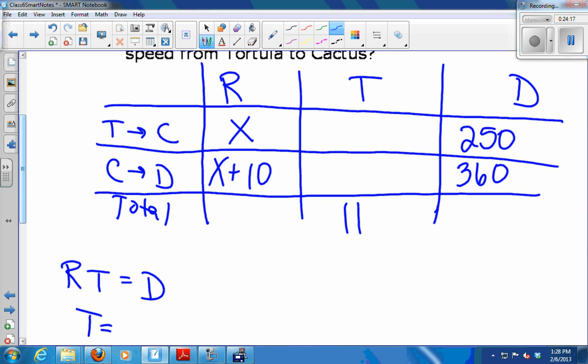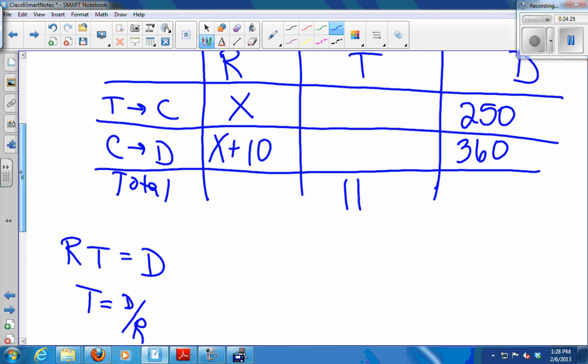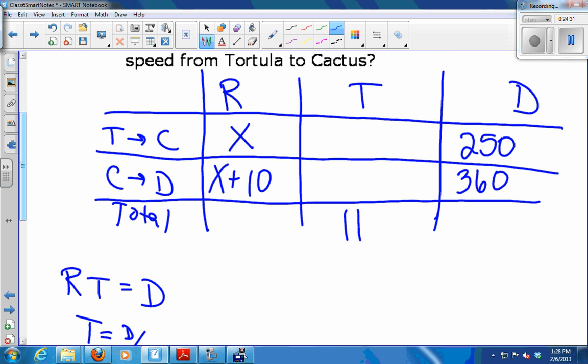If I solve this equation for t, what do I get? Distance divided by rate. Yeah. So I can put in those 2 remaining boxes distance divided by rate. I can put 250 over x and 360 over x plus 10. And actually, I guess I know the total distance. That's not too bad. 610 miles.